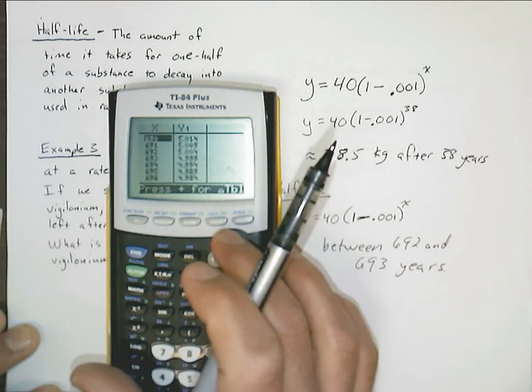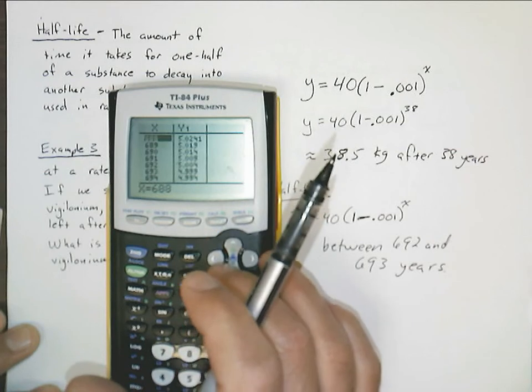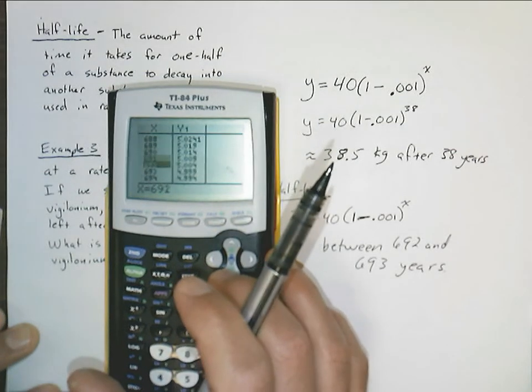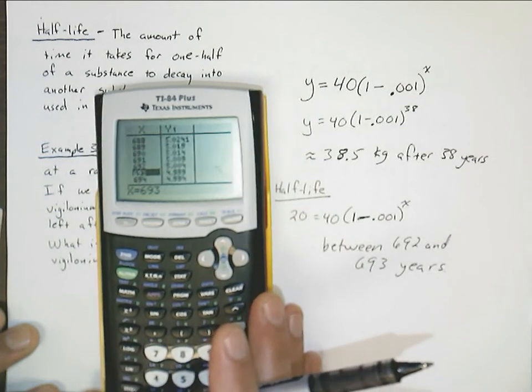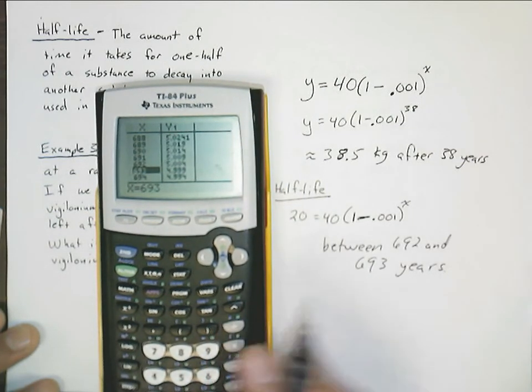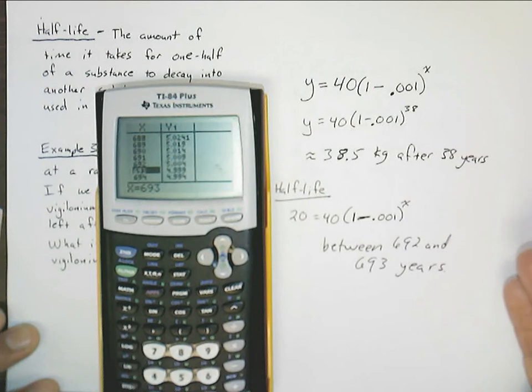And wouldn't you know it, between 692 and 693 years again. So that's the big idea here: it doesn't matter what you start with, the half-life is always going to be the same for any given substance.